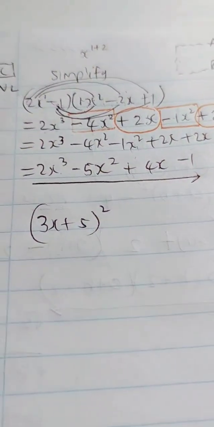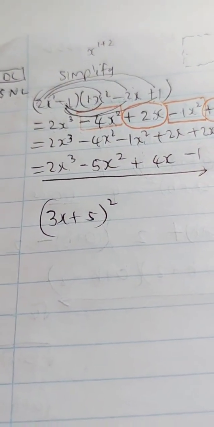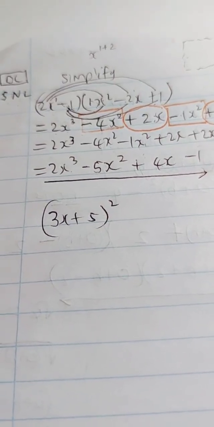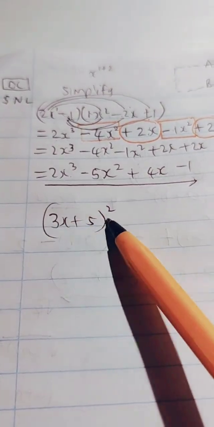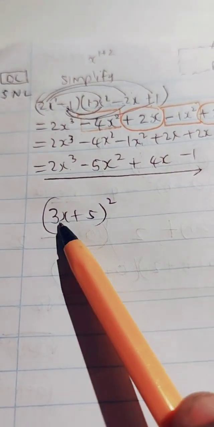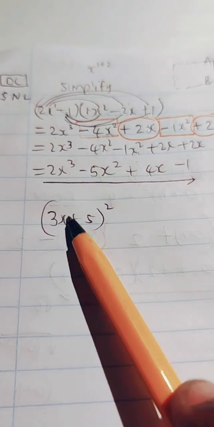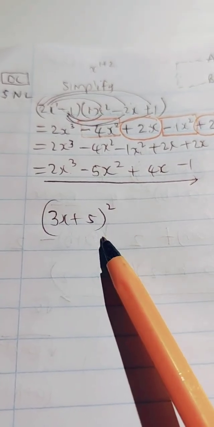I think we are done with that one. 3x plus 5. We are asked to simplify. Guys, we are asked to simplify 3x plus 5, the whole thing squared. So how do we simplify this one? It's very important to first note, inside the bracket, what are we seeing? A 3x and a plus and a 5.